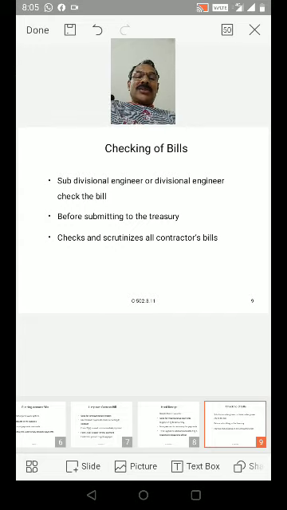Either the deputy executive engineer or the executive engineer will check the bill before submitting to the treasury for payments.